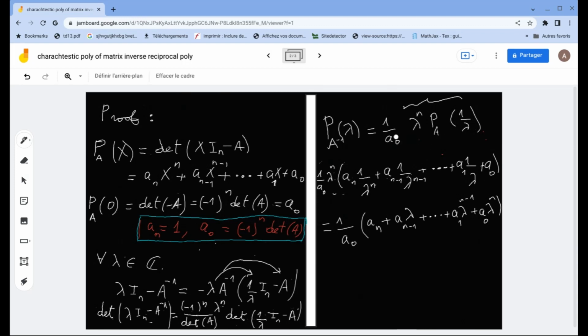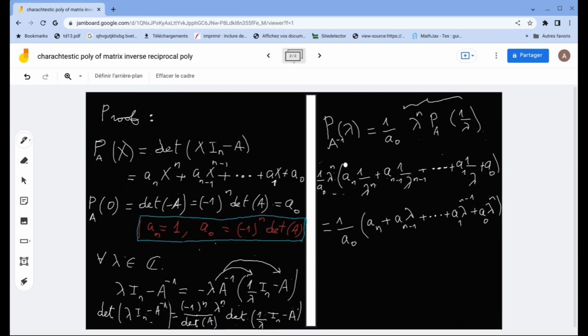So I replace here 1 over a0 lambda n, and then I write the polynomial of A evaluated at 1 by lambda. So I get an, x is 1 by lambda, so 1 over lambda power n, plus an minus 1 times 1 over lambda power n minus 1. Then here a1 x, that is a1 times 1 over lambda, plus a0.